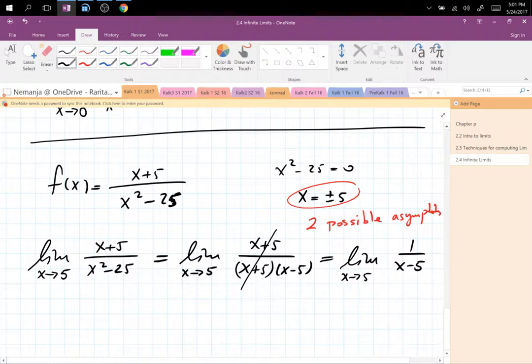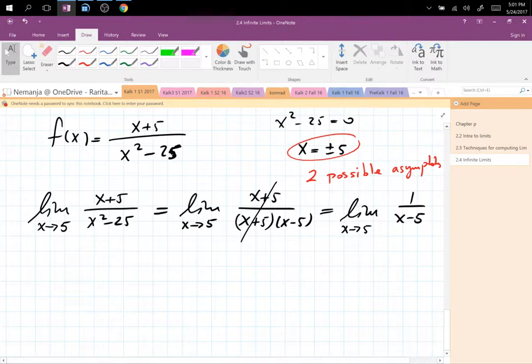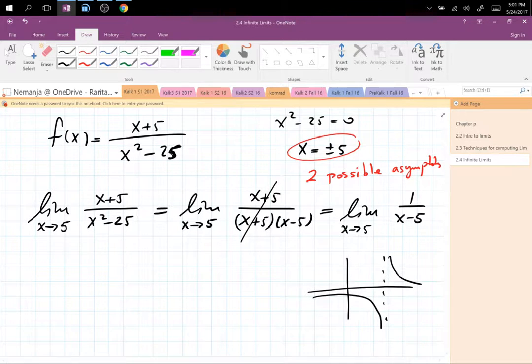Now we know how to graph 1 over x minus 5. It's just 1 over x shifted 5 units to the right. That's cheap and easy. So it looks like this. And we already see from the picture that there is a vertical asymptote at 5. But you can also do the left limit, right limit.